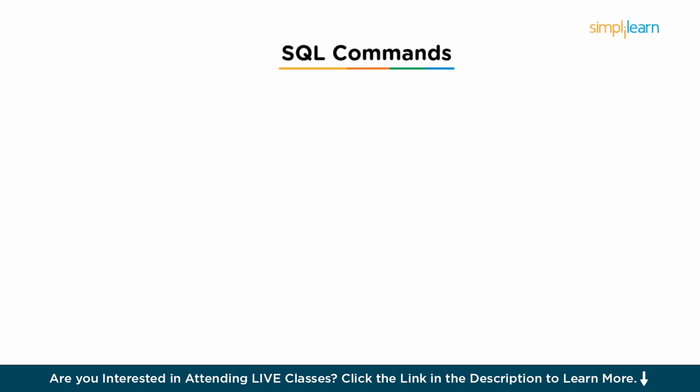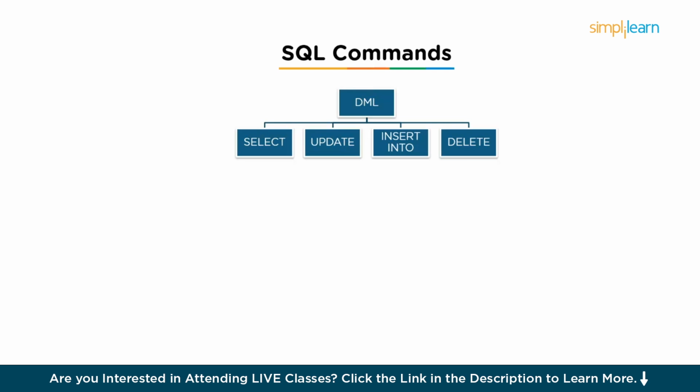These slides give you a high-level overview of the different categories and types of commands available in SQL. You can see commands like select, update, insert into, and delete. These fall under data manipulation language, which are commands we will use to interact with the data itself within the tables: retrieving, adding, changing, or removing records.